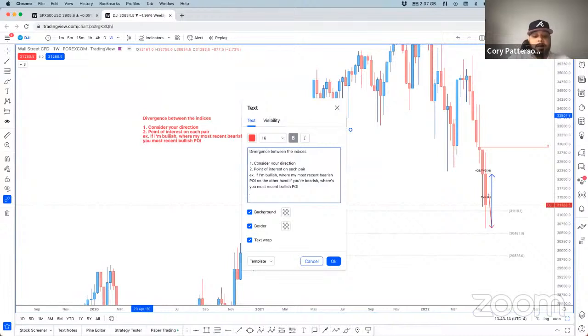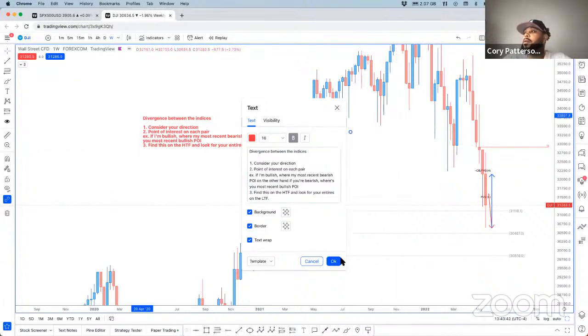And then the third thing is you find this on the higher time frame, and look for your entries on the lower time frame, right?